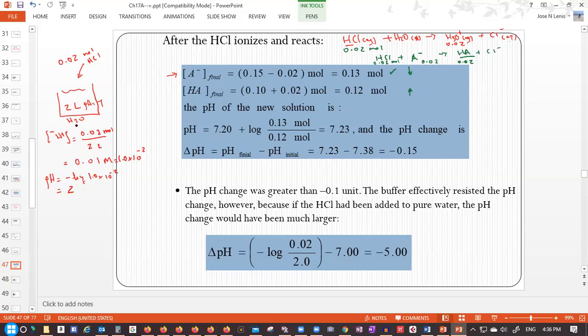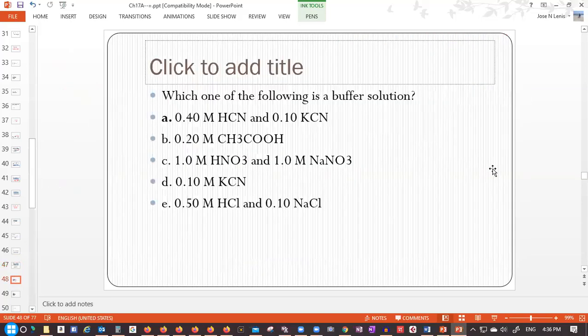That's what happens with denaturation of tertiary, secondary, or primary protein structure, just by changing the pH. All right, so you see the beauty of this equation?